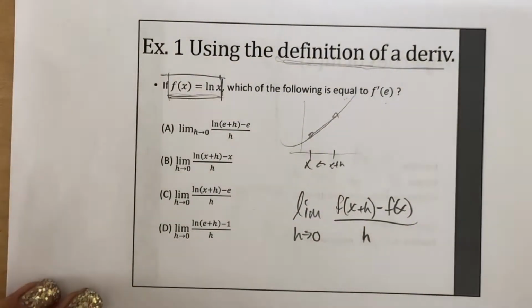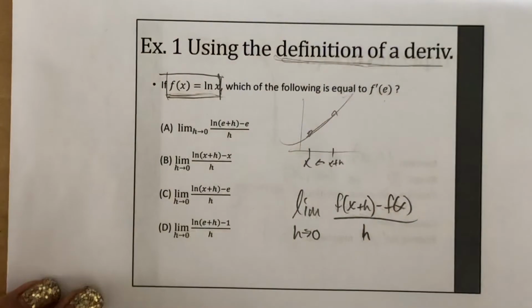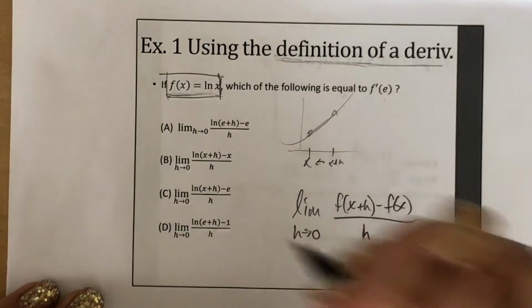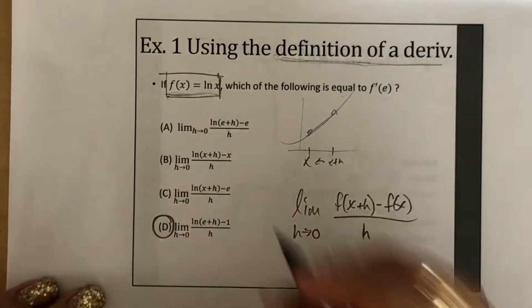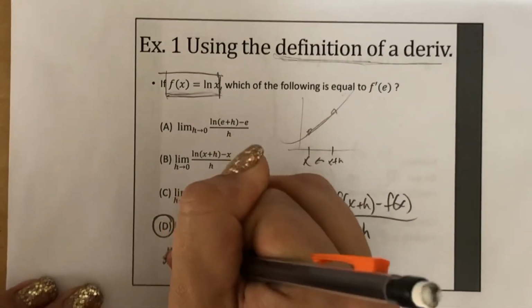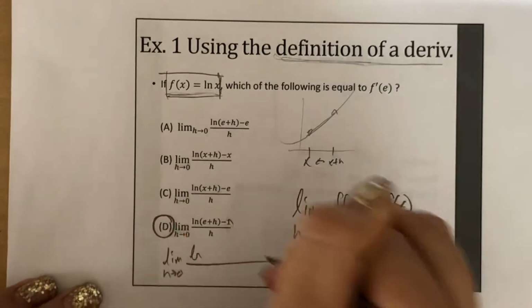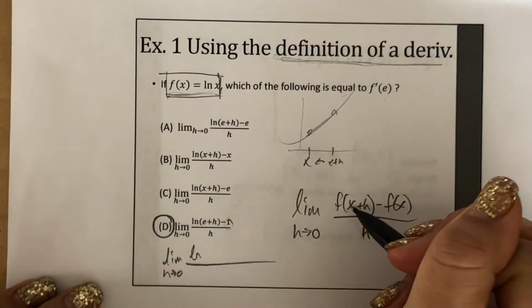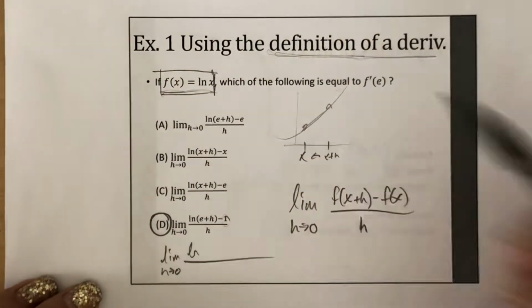Alrighty, and the answer is D. So what's this one about? It would be the limit as h approaches 0 of ln of (x plus h) minus f of x, and my x value is e.